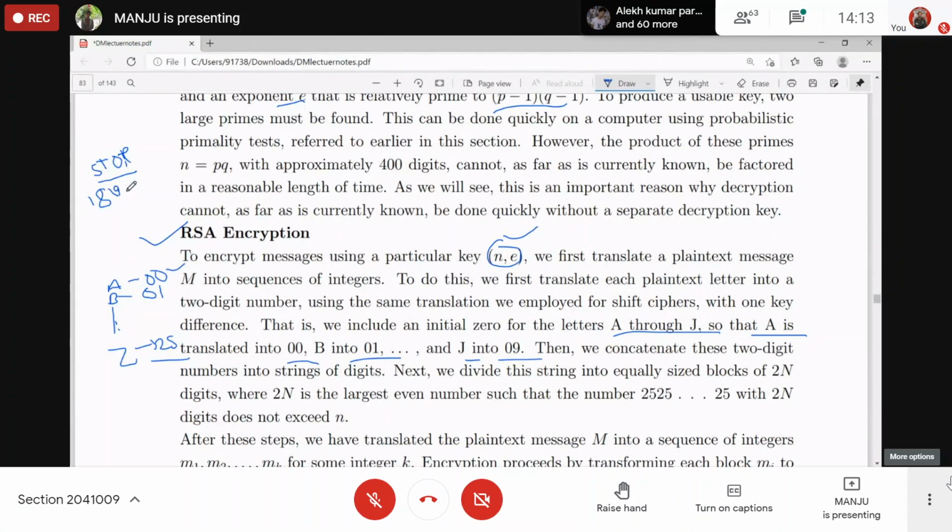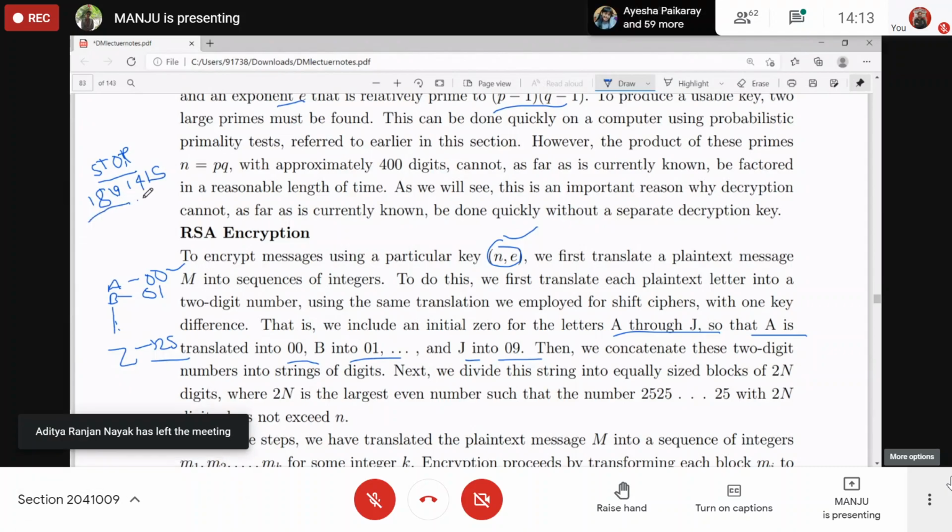Otherwise it would have been 19, 20. O is at 14, P is at 15. So we got 18, 19, 14, 15. So we first translate the message into a sequence of integers.